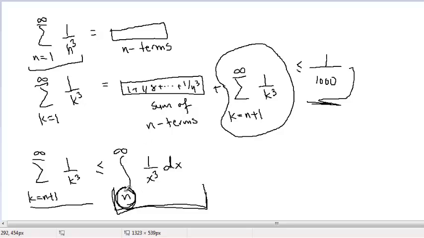Okay, so I have to choose the smallest value of n such that this improper integral is less than 1 over 1000. So let me write one more time what we are looking for. We are looking for a value of n such that the integral from n to infinity of 1 over x cubed dx is less than 1 over 1000.